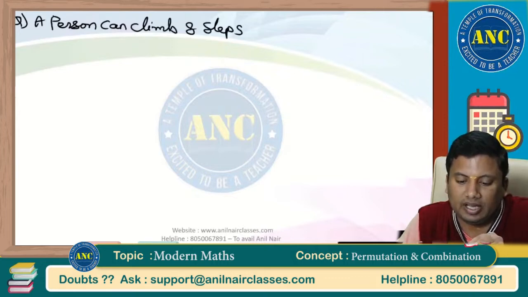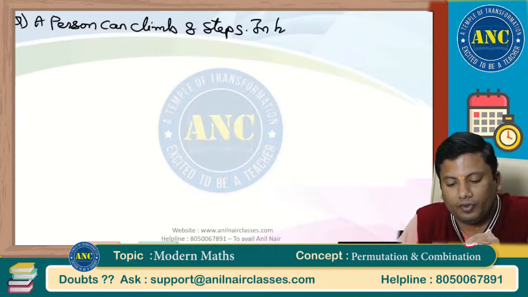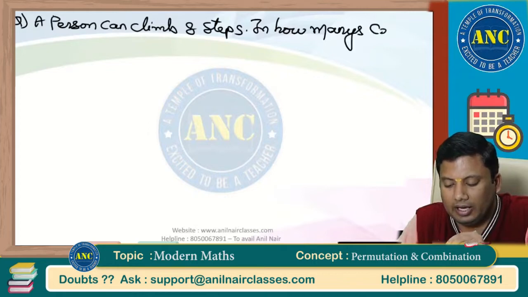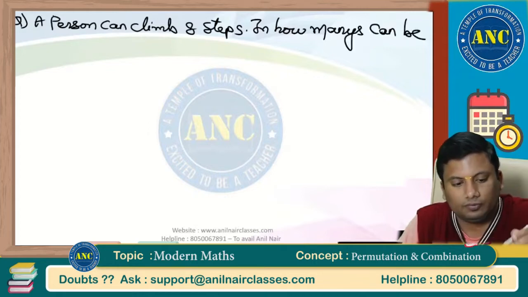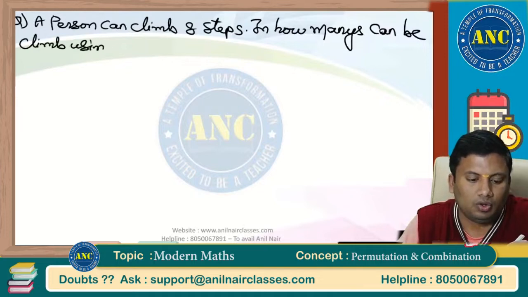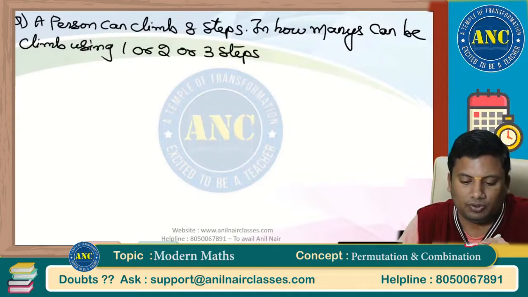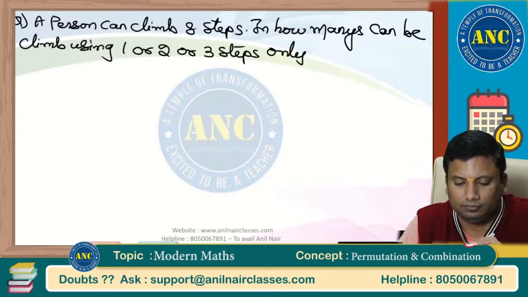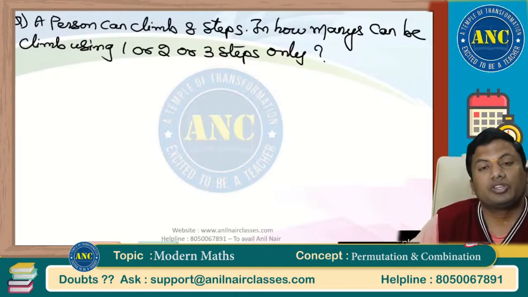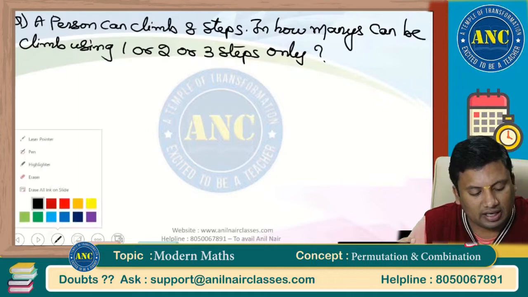In how many ways can he climb using 1 or 2 or 3 steps? This is the question. Using 1 or 2 or 3 steps only. By using 1 or 2 or 3 steps, in how many ways can a person climb 8 steps?